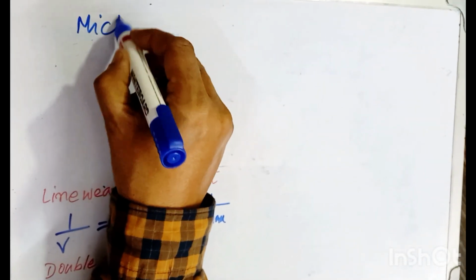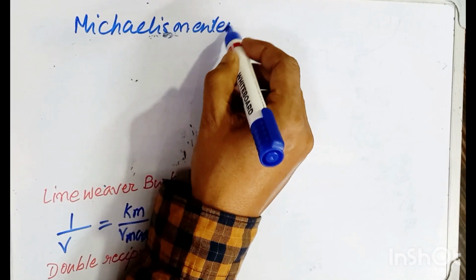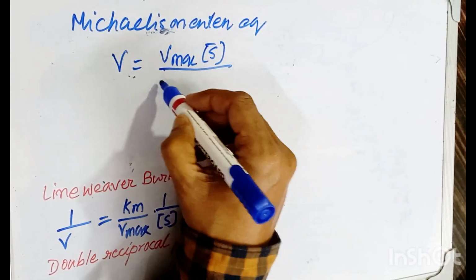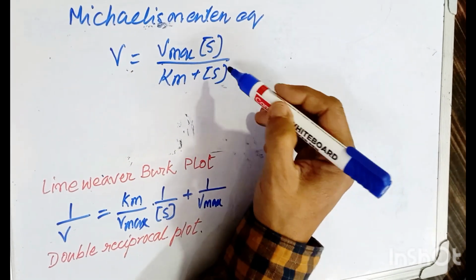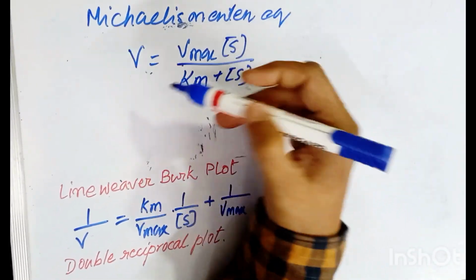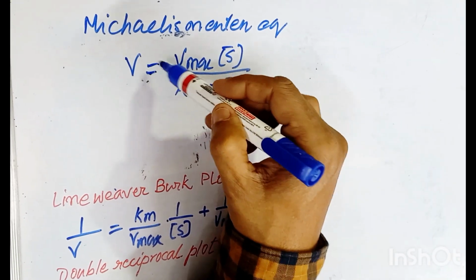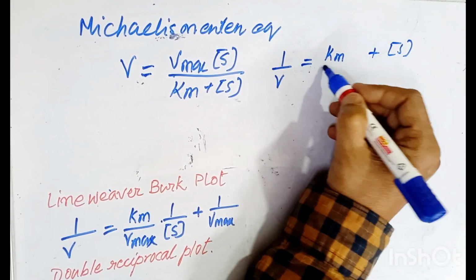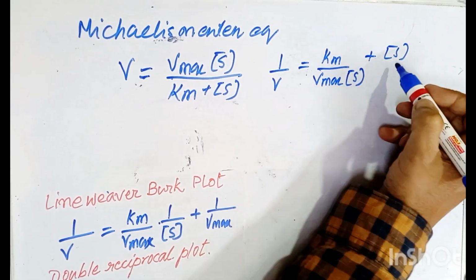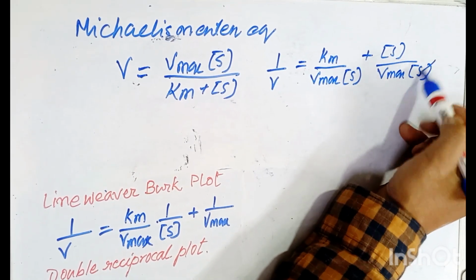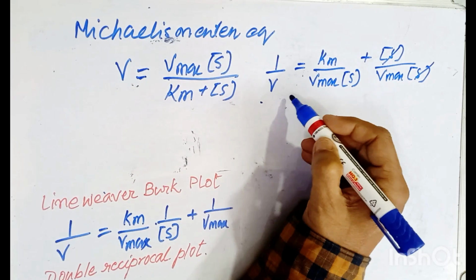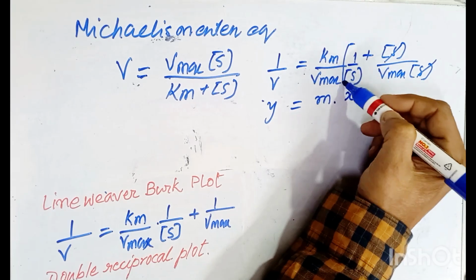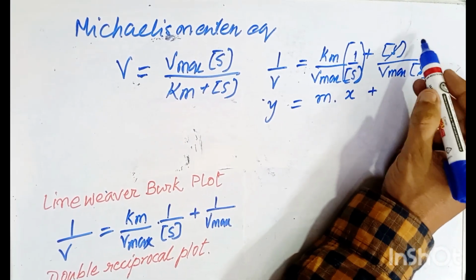The Michaelis Menten equation was V equal to Vmax S by Km plus S. From this equation we have reciprocated both sides, and we have 1 by V equal to Km plus S by Vmax S, and cancelled out S. Then we compared it with a straight line y equal to m into x plus c, where x is 1 by s, and c is the constant 1 by Vmax.